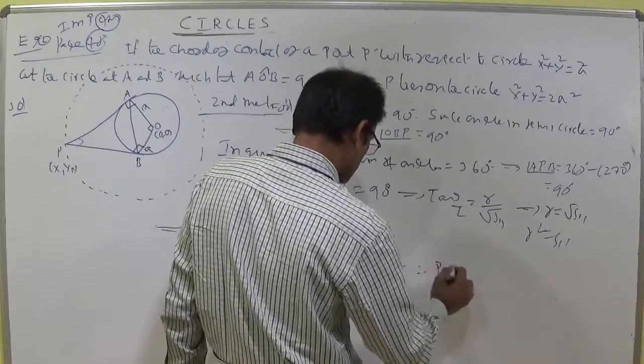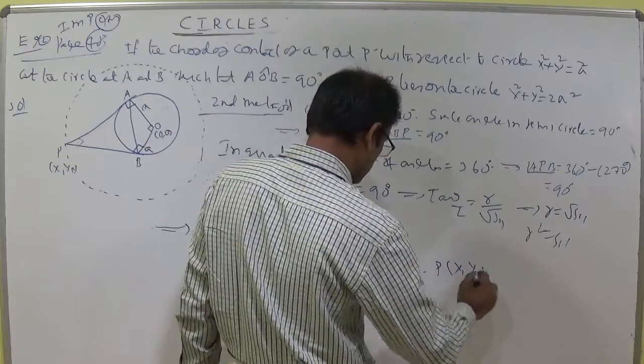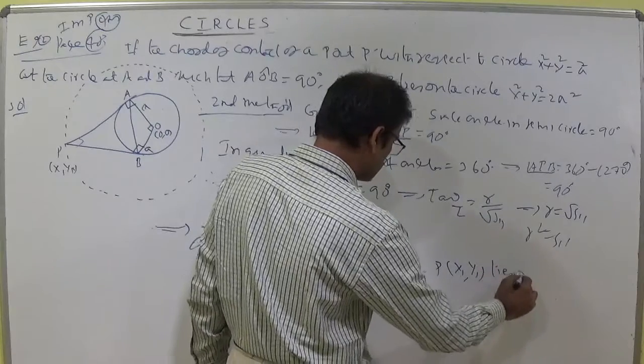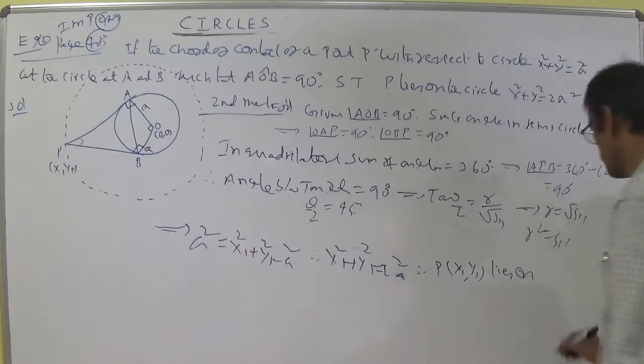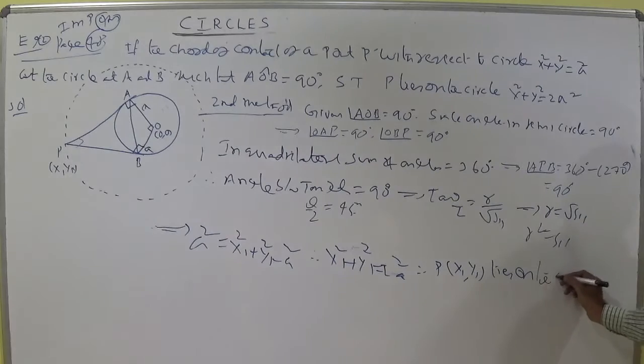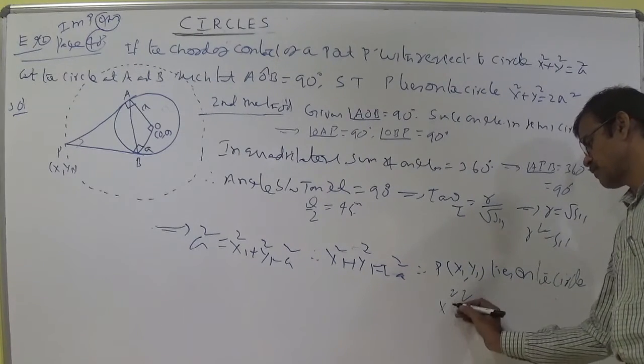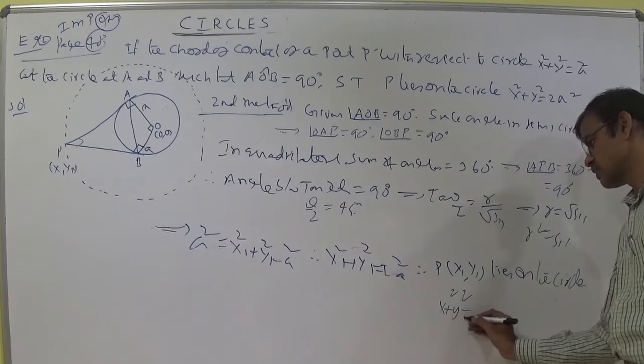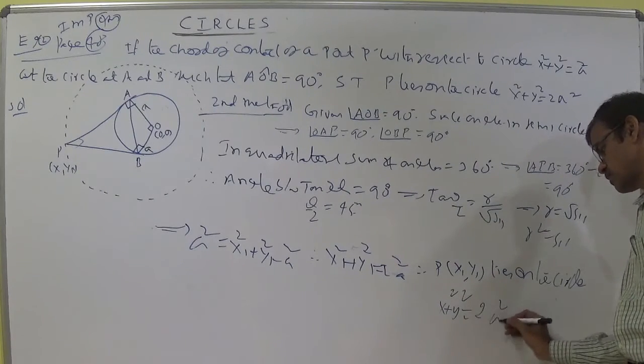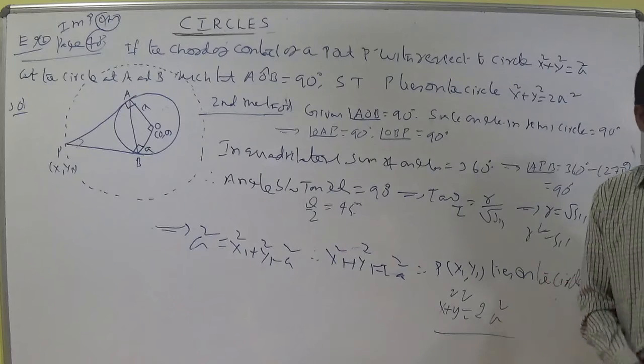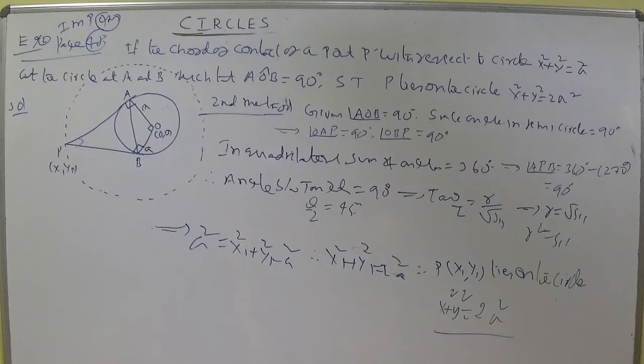Therefore, P(x1, y1) lies on the circle x² + y² = 2a².